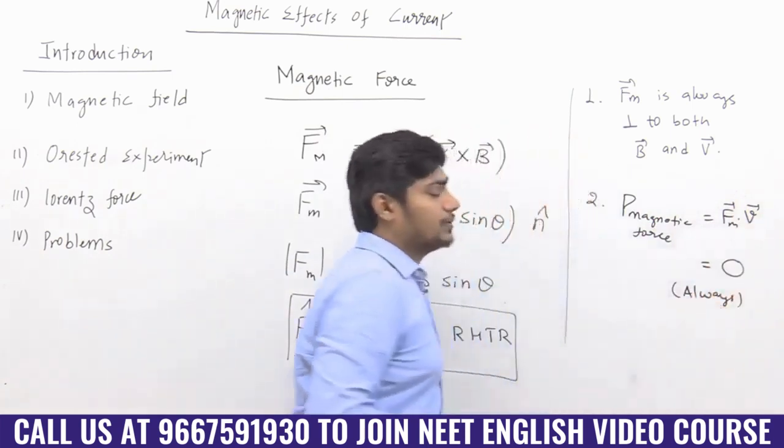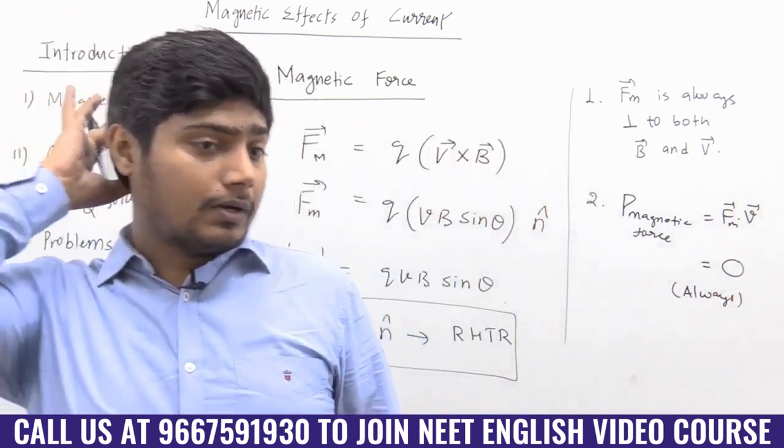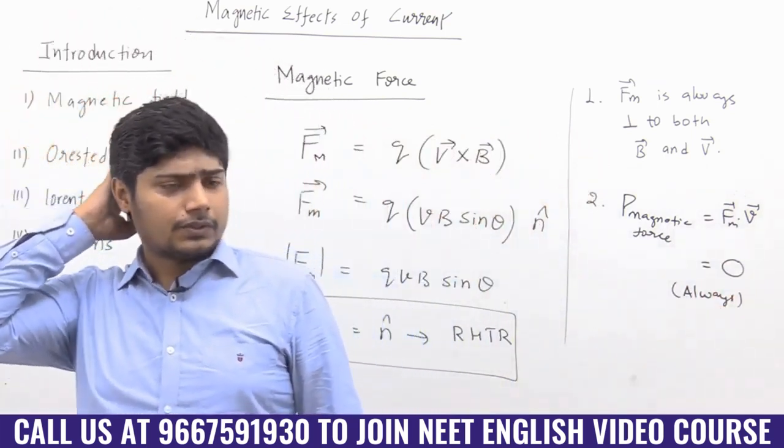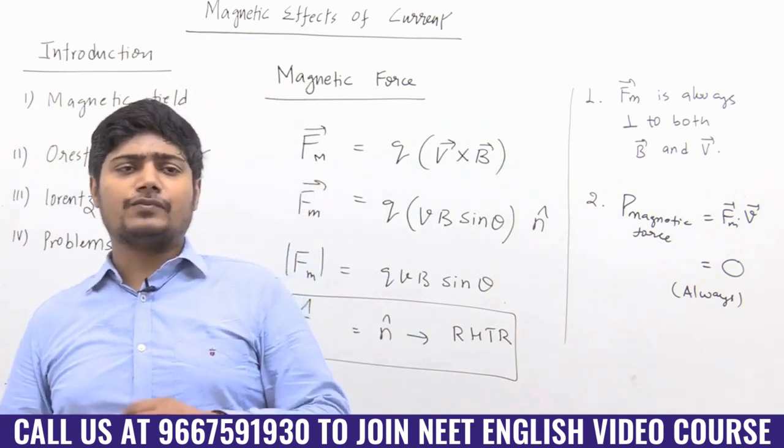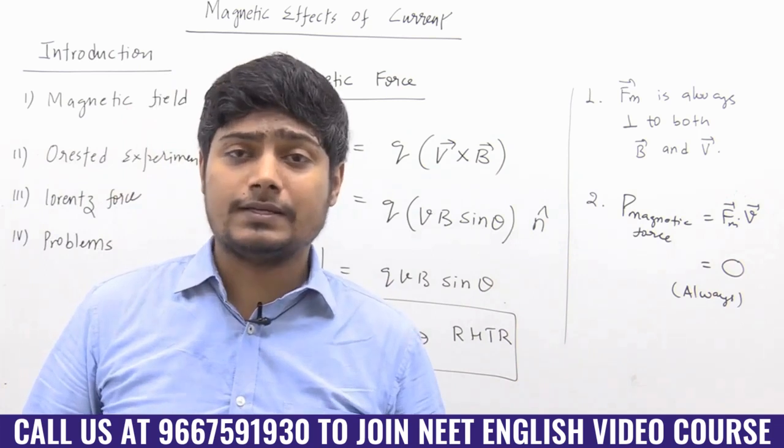This is also one of the most important concepts: the work done or the power by magnetic force is always zero. Magnetic forces cannot do work, they cannot transfer energy.